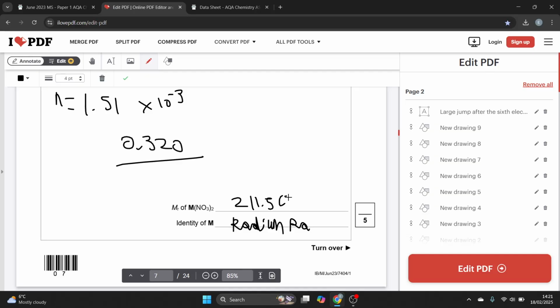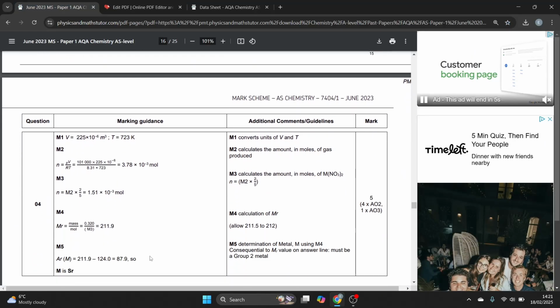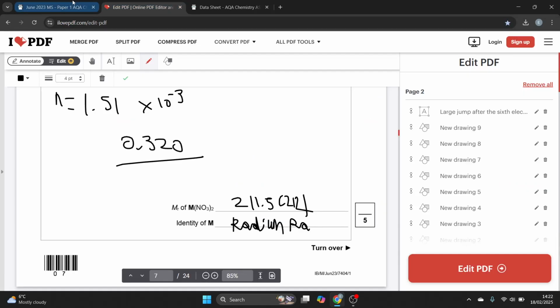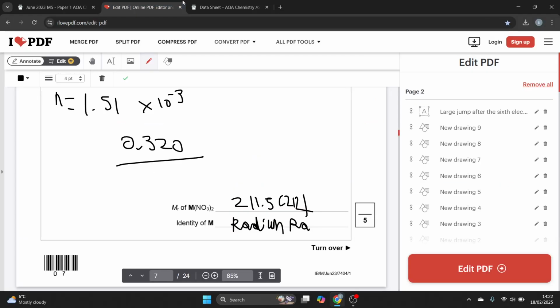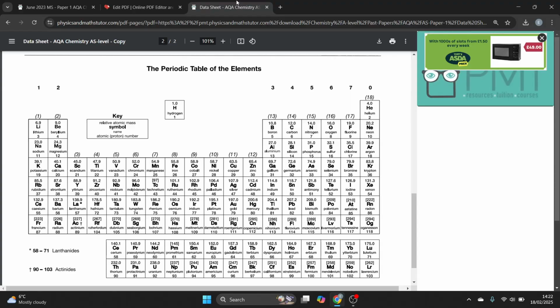211.5, bracket 212. 211.9. Allow 211.5 to 212, so perfectly fine. The MR 87.9, so strontium. Well, I got 88, so I got... Oh, I forgot.